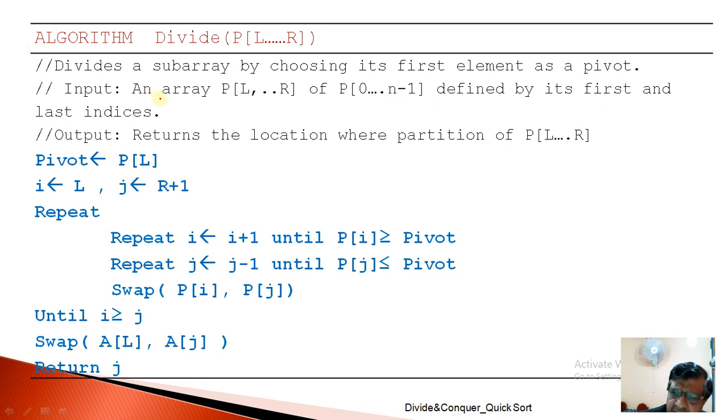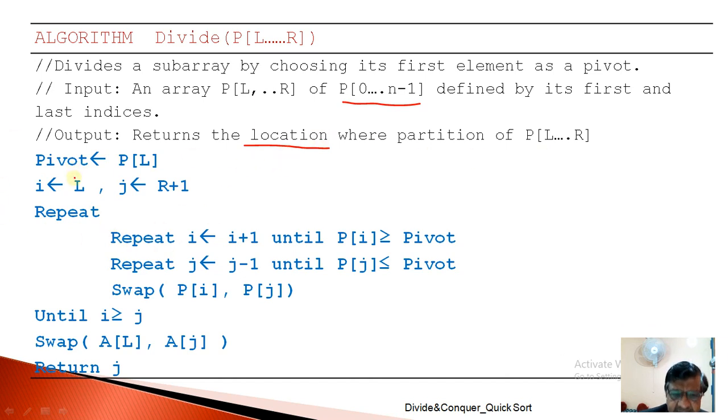Whatever may be the number of calls, the subarray is part and parcel of the main array, therefore this should also be written to avoid any possible ambiguity. The output is that it returns the split position where the partition of P[L to R] happens. This is very important.